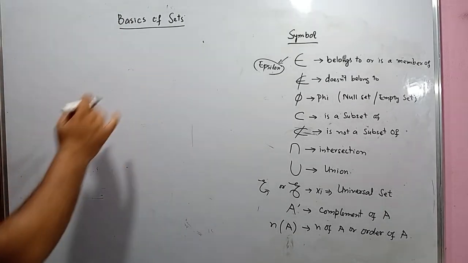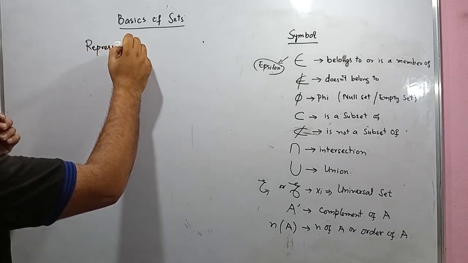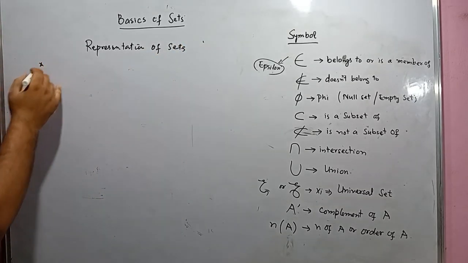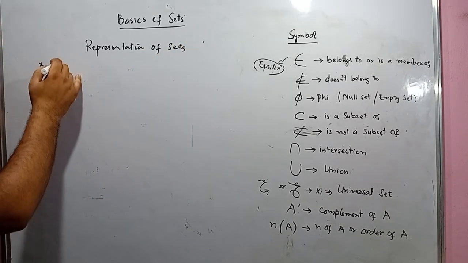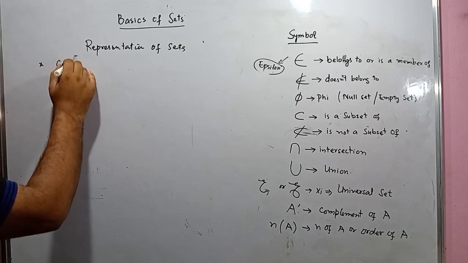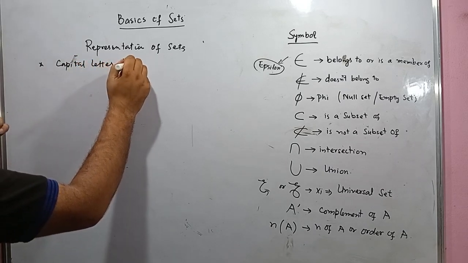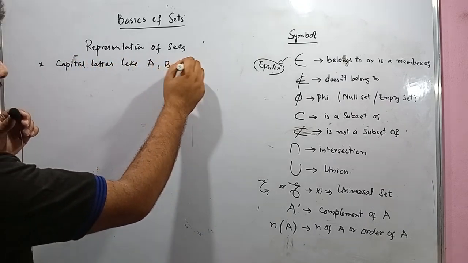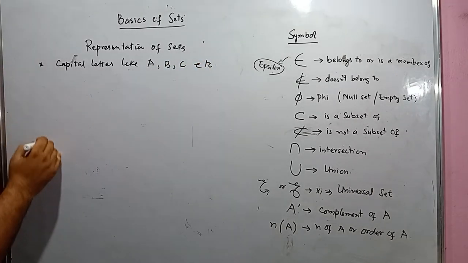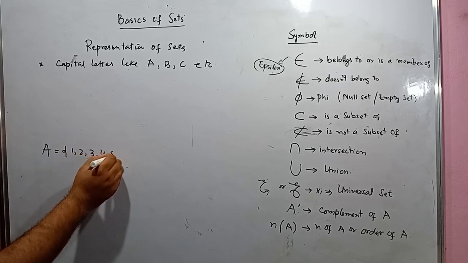Here we will start the representation of a set. First thing we should understand: sets are always represented by capital letters, like A, B, C, etc. For example, I have the set A equals 1, 2, 3, 4, 5.